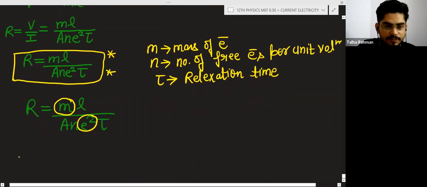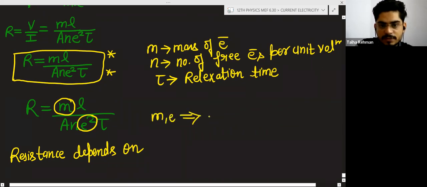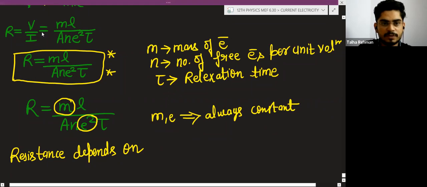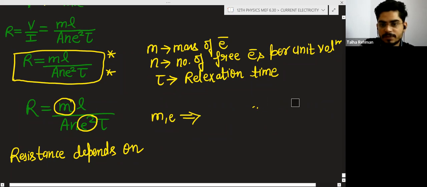So we can say resistance depends on... here you can say mass and charge of electron is constant. Not always constant, but you can say constant here. Mass can also be increased, but that is not part of your syllabus.